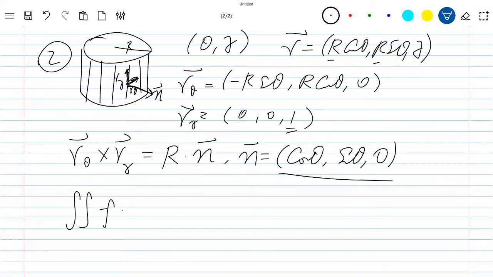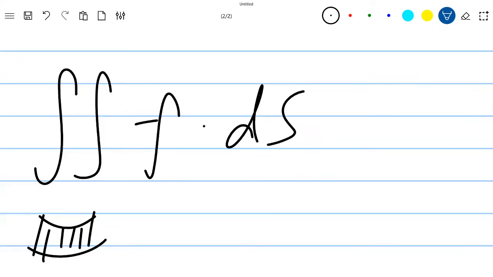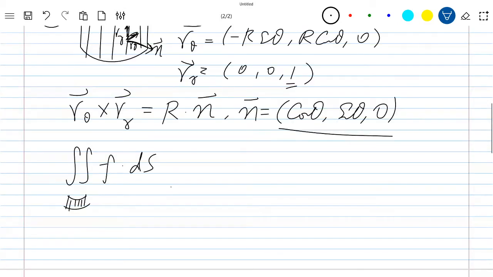let's say f times dS over the cylindrical surface, then you will just write this as f times r d theta dz.